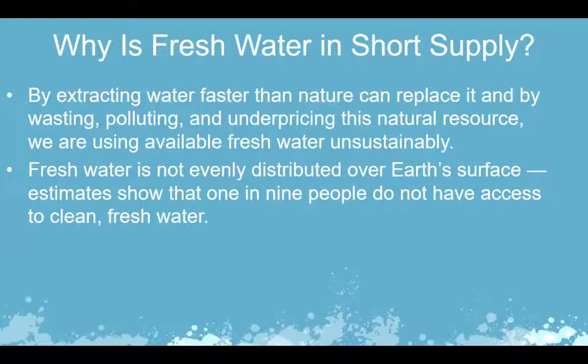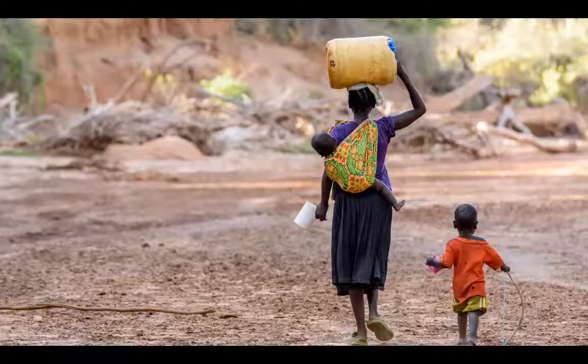Now, if you've ever read National Geographic or something like that, you've probably seen an image something like this. Every day, women and girls spend 200 million hours walking to collect water for their families. That's 8.3 million days, more than 22,800 years worth of time to collect water.